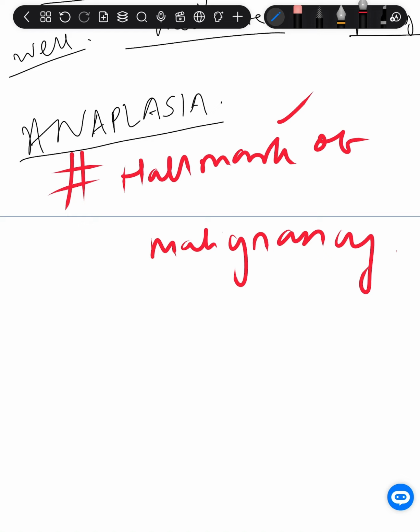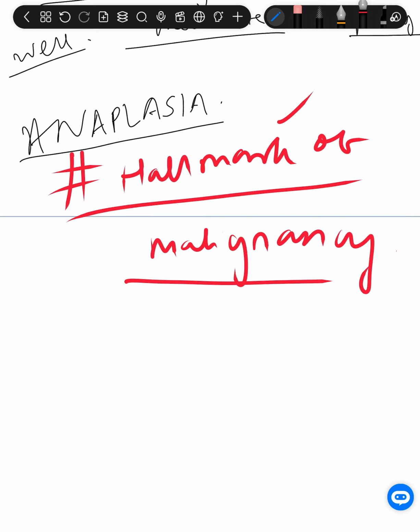So this is known as the hallmark of malignancy. If the cells are becoming anaplastic, they are entering malignancy. They will 110% turn malignant.